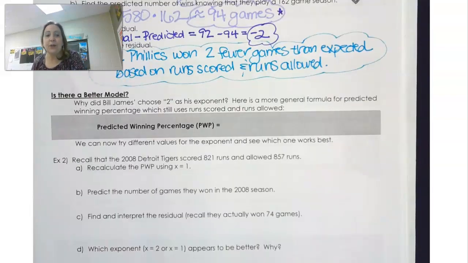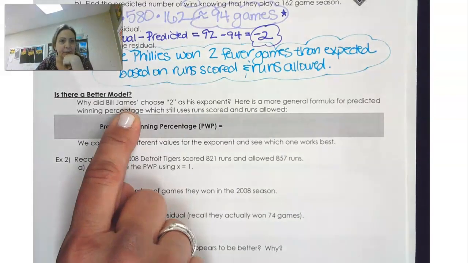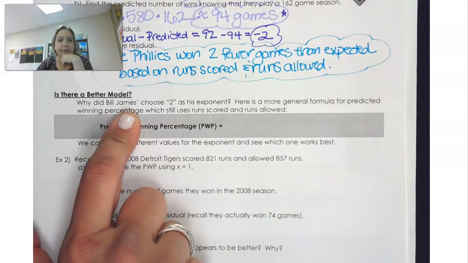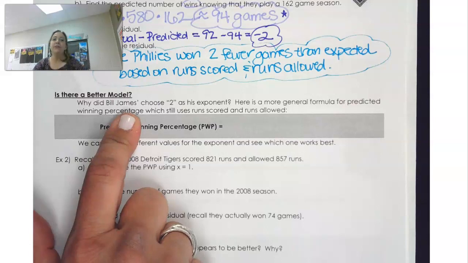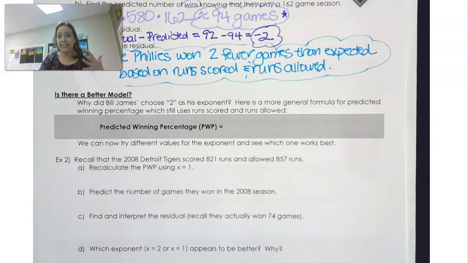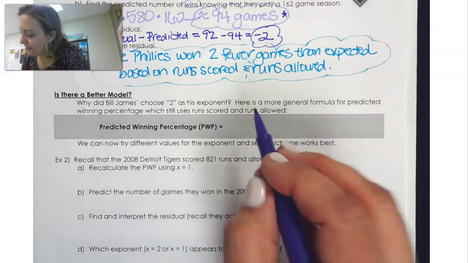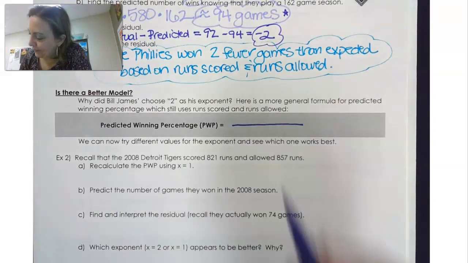Okay. So is there a better model? We've been using 2 as an exponent for baseball, but why did Bill James choose 2 as his exponent? There's a more general formula for predicted winning percentage, which still uses runs scored and runs allowed, but instead, we're going to have an X as the exponent.